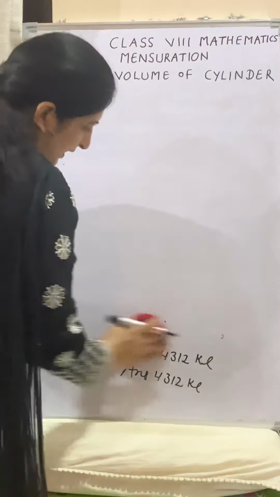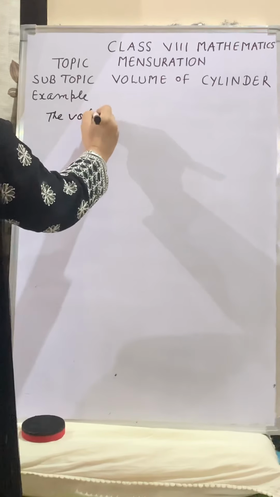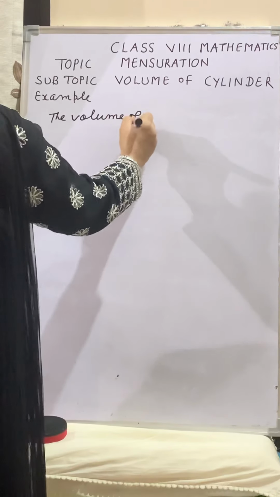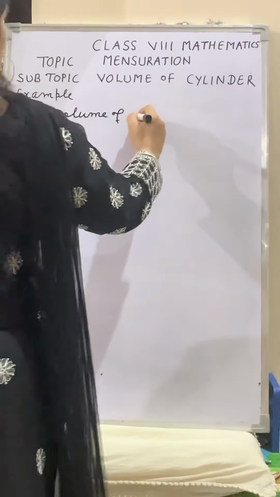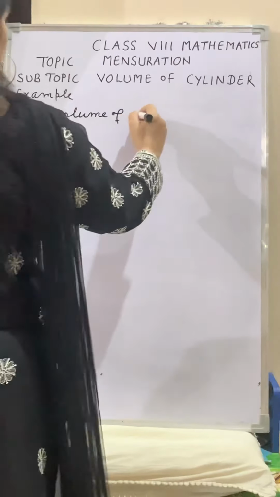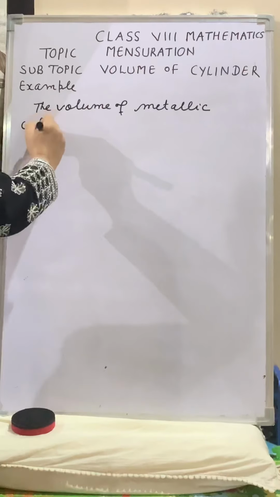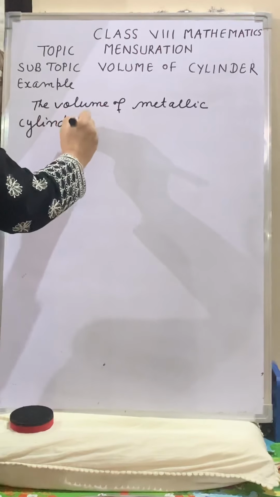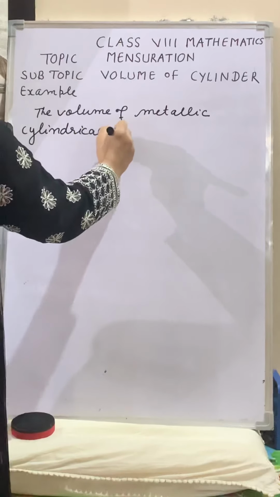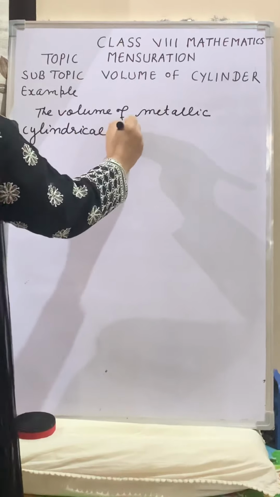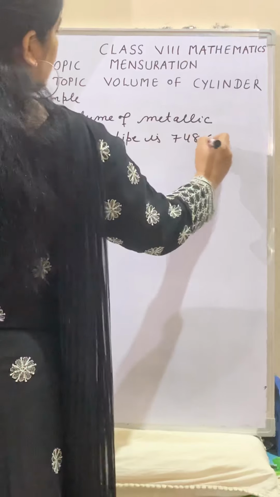The volume of a metallic cylindrical pipe is 748 centimeter cube.